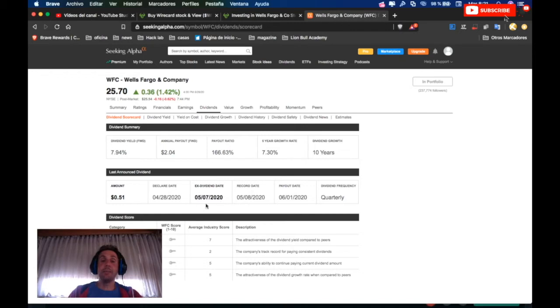If you buy after the ex-dividend date, you won't get the dividend. You need to buy 3 days before and hold the stock at least until 1 day after the record date. After that, you will have the payout date, which is the date eToro will put the amount of dividend the company gives you into your account.